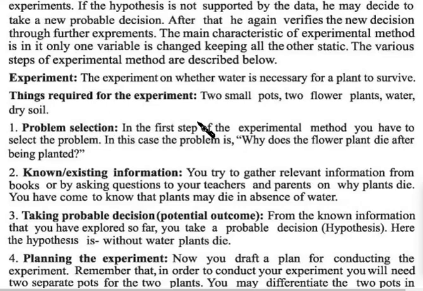Problem selection. In the first step of the experimental method, you have to select the problem. In this case, the problem is: why does the flower plant die after being planted?